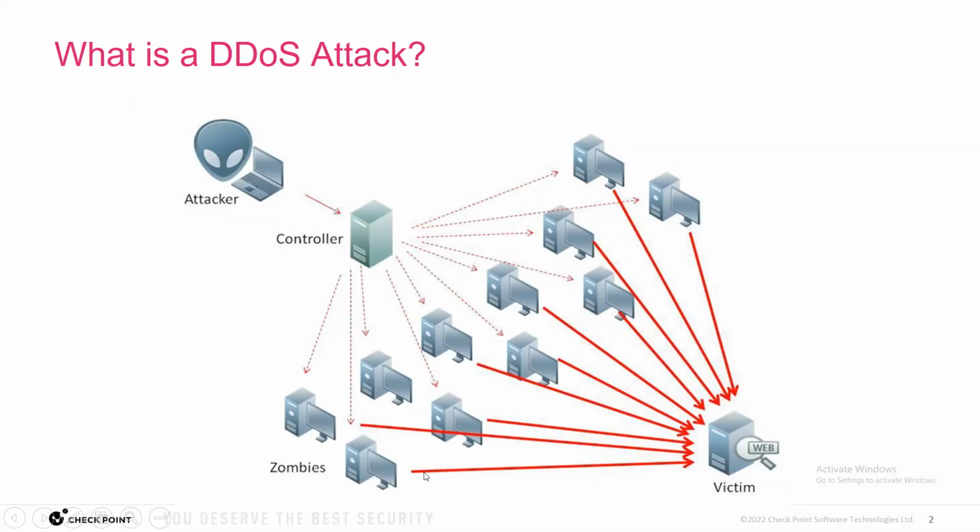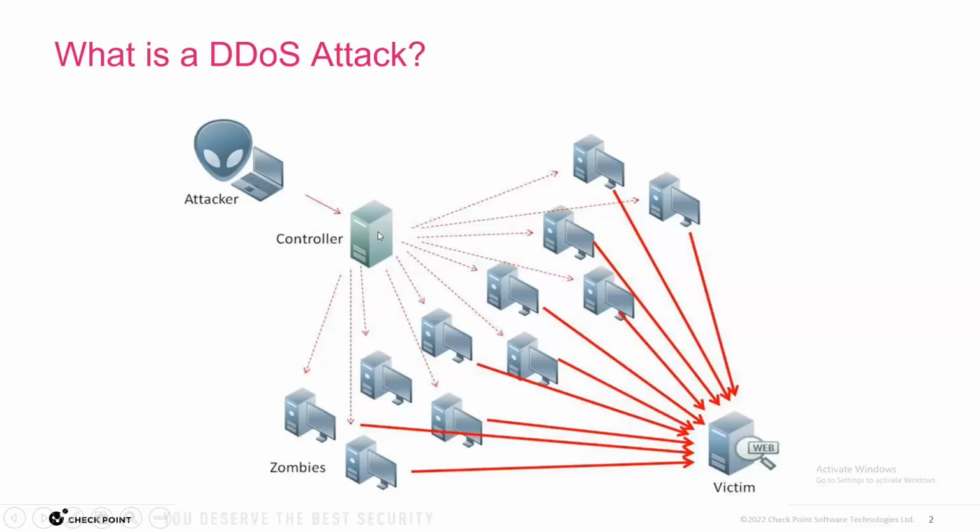Now they can be PCs, laptops, smartphones, smart TVs, or even your smart coffee maker. The modern botnet is a little bit less discriminatory on what type of devices it infects. But the attacker will gather a large array of these devices. The users won't even know that there's something bad on the machines.